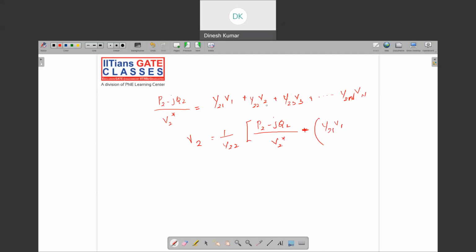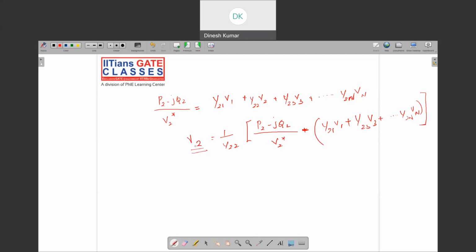Now this Y22 V2 term which is already coming here, we have to remove that. So minus Y23 V3 minus etc., up to Y2n Vn, right? Now you can check here. V2 depends on the circuit parameters Y21 and everyone, and on P2 minus JQ2.